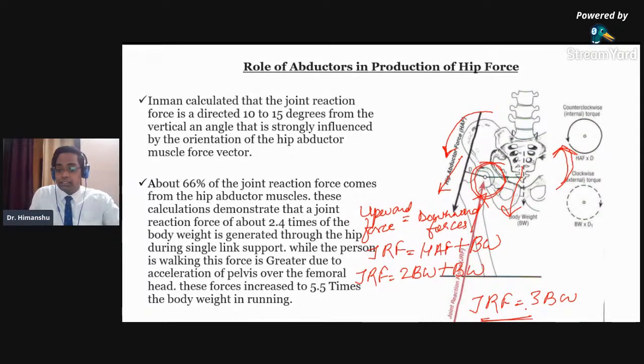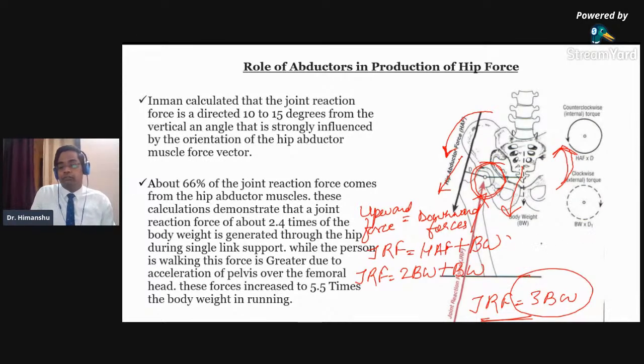So it means when I am standing in single limb support phase in a static equilibrium position, the reaction force or the compressive force between the two articular surfaces is equal to thrice the body weight.